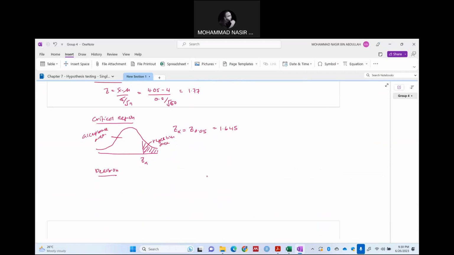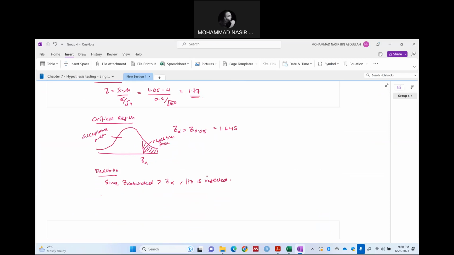If Z calculated is more than Z alpha, the null hypothesis is rejected. So since Z calculated is equal to 1.77, more than Z alpha, the null hypothesis is rejected.